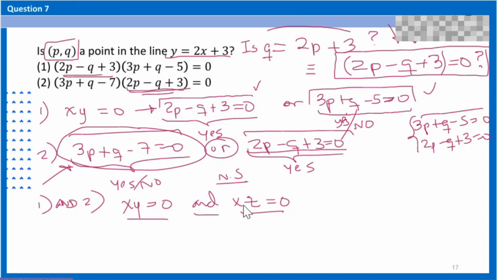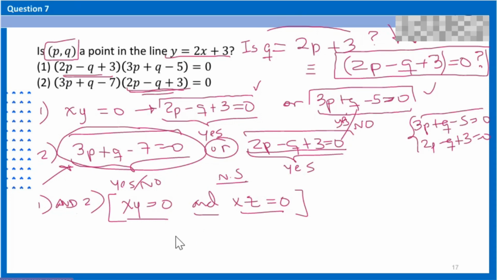If y and z were 0 at the same time, that would release x from being necessarily 0. For example, if y were 0 and z were 0 together, then x could be anything. So that means that x doesn't have to be 0. Just from this, you don't know whether x is 0 or not.